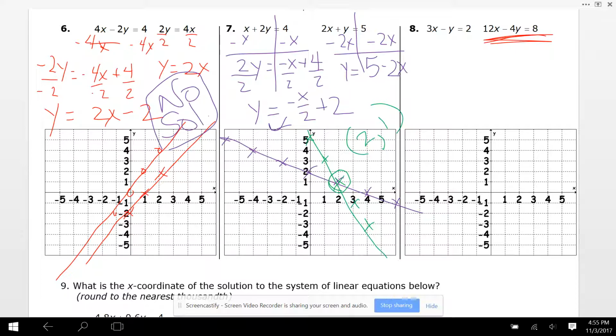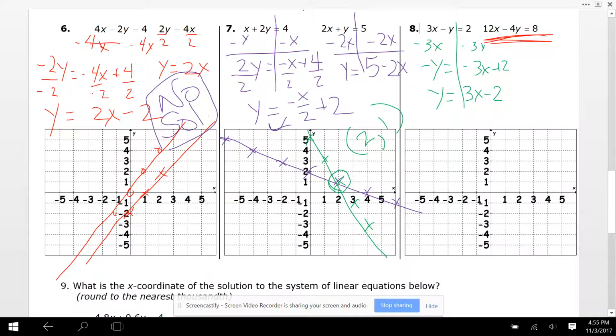All right, so let's look at this next one. I have minus 3x minus y equals negative 3x plus 2, so y equals 3x minus 2.